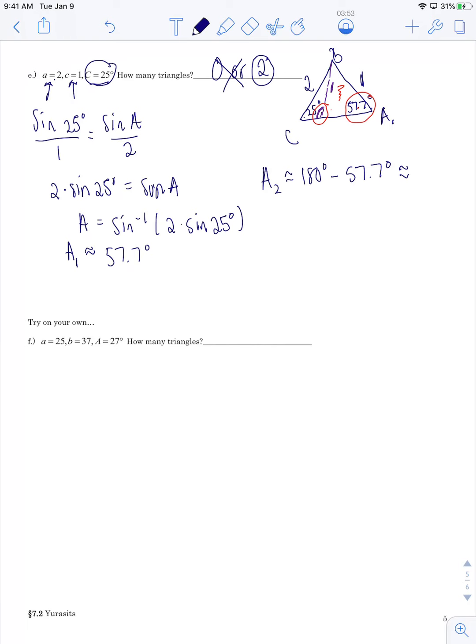And I get 122.3 degrees. Well, now you have two triangles to solve for. So you could solve for B sub 1 because your triangle has to add up to 180. So take away the two angles you have.